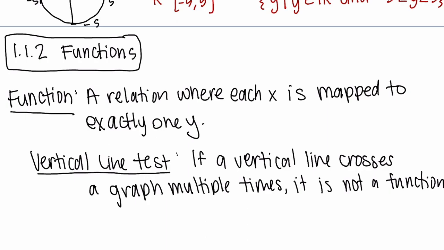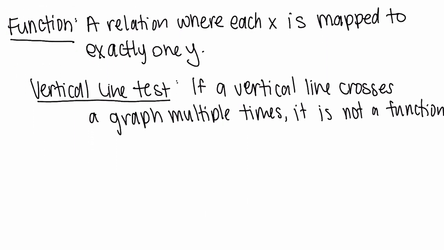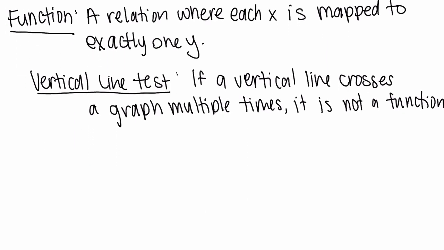Sometimes it's easier to think about what makes it not a function. On your assignment, there is an entire section devoted to the vertical line test and then the horizontal line test, which we're going to talk about in just a second. I don't think we need to do any examples, but just know, don't cross the graph more than once.